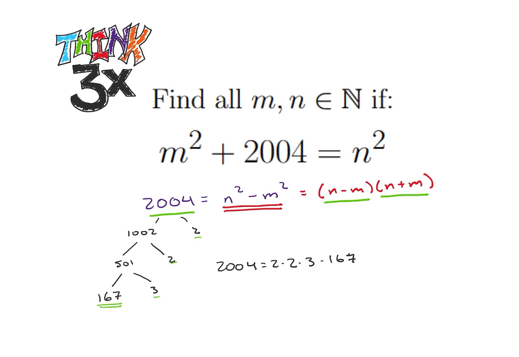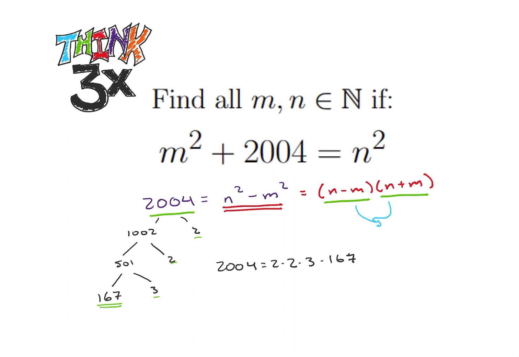Since I have 2004 as my product here, and I have n minus m times n plus m, we're taking these two values right here. And what do I know about these two? Either n minus m and n plus m are both going to be odd, or both going to be even.